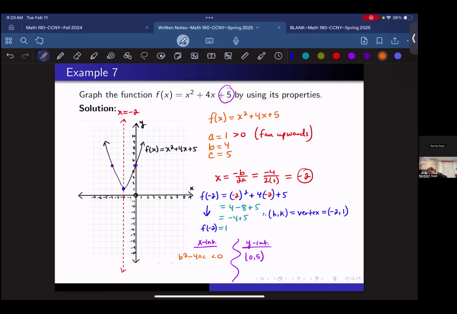Our b is 4, so 4 squared minus 4 times 1 times 5 gives us 16 minus 20, which is negative 4, which is less than 0. So we have no x-intercepts. And that's it. We graphed our quadratic function, and we're done.